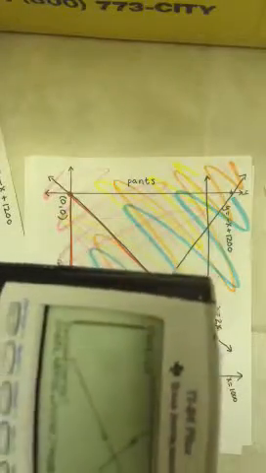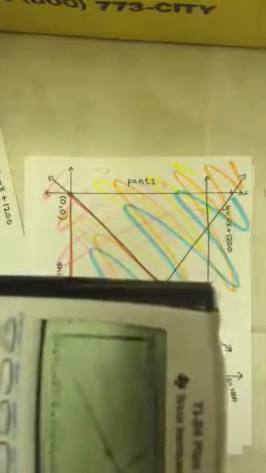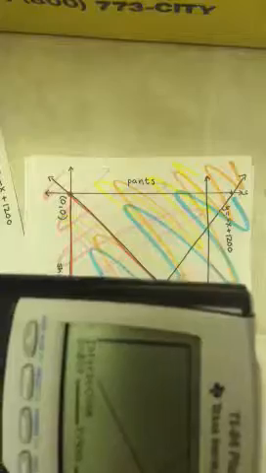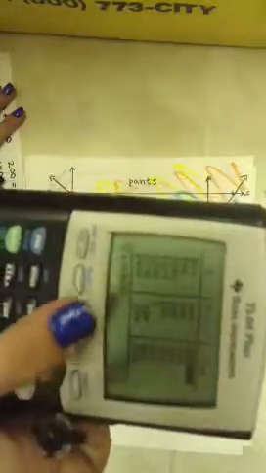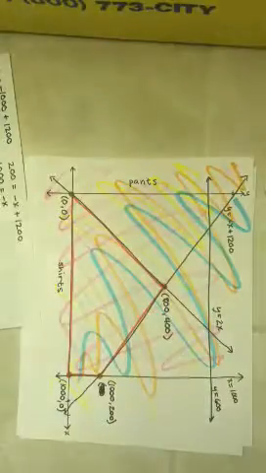We can start with the negative x plus 1,200 line, so we look at that one, and then you want the 2x line and you want to see where they intersect. They intersect at 800 and 400, right there. You could also check that by going to the table, and you see that when x is 800, the last two functions, the lines that we want to look at, are both 400, so that's where they intersect.